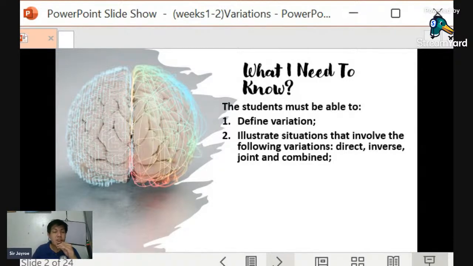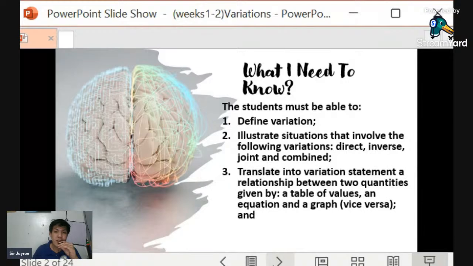At the end of this lesson, dapat alam nyo, when I give, for example, a situation, it could be in form of table of values, it could be in form of graph, it could be in form of equations or situations. So dapat malaman nyo kung yung situation na binigay ko ay direct, inverse, joint, or combined. So dapat matukoy nyo. And of course, later i-explain ko yun.